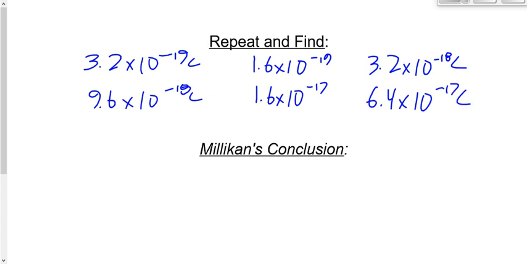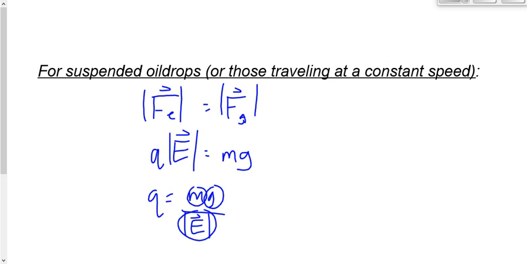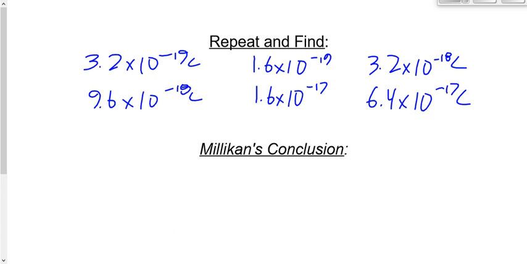When he did this hundreds of times, he found the charge of hundreds of different oil droplets by repeating the experiment hundreds of times. He found that all of these oil droplets either had a charge of 1.6 times 10 to the minus 19 or a multiple of that.